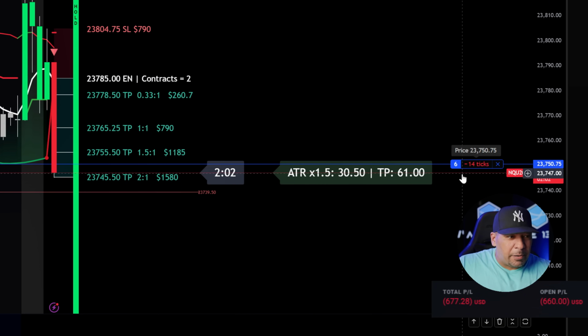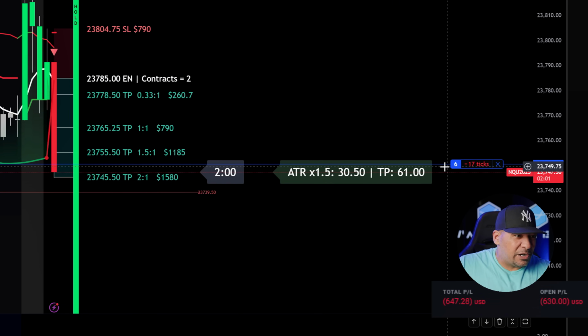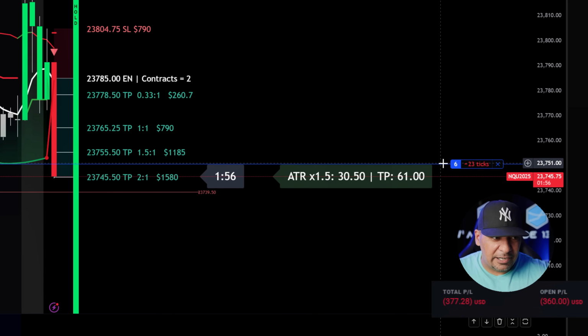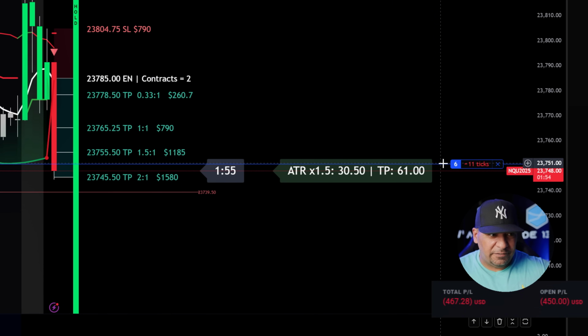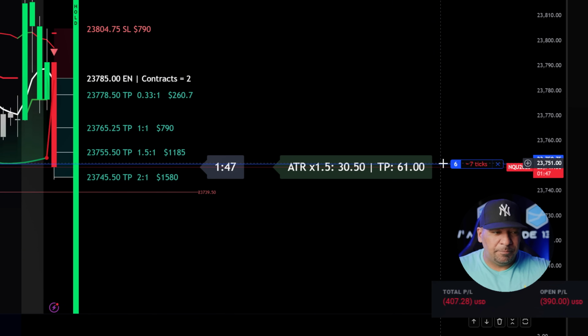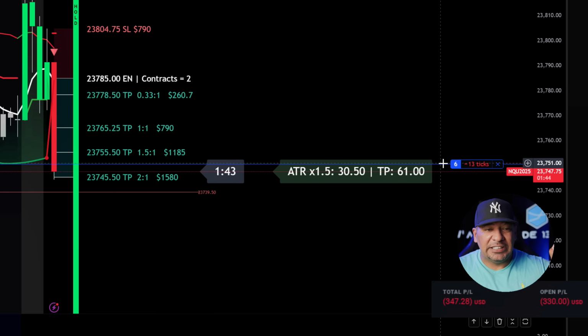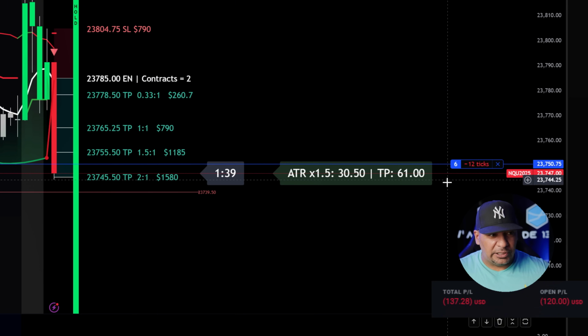Now, per my entry, where is my stop? So I entered at or about 23,751. So where would my stop be based on my ATR? It says 30 points. Okay. So that means my stop should be 23,730 or 721.